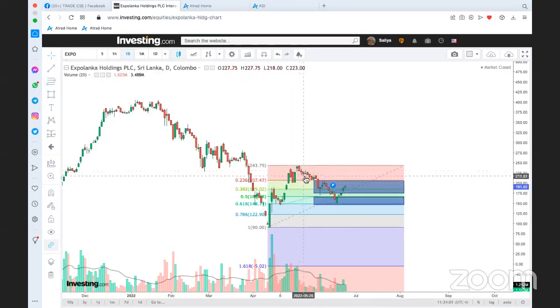After this breakout, or rather the reversal, might have been a different thing. But the thing is, I'll be using all these levels. Sometimes I would have even used the extensions, right? Then another point I would like to mention here is that since there's a reversal from here to here, right, I can draw another Fibonacci retracement lines by connecting these two.